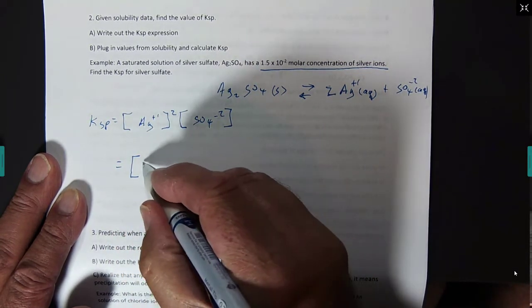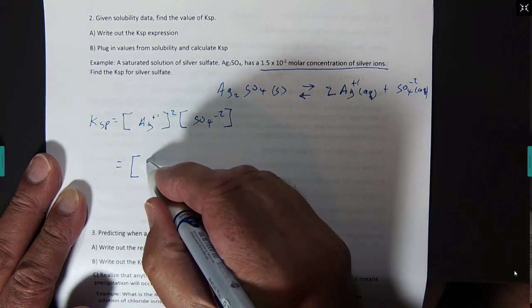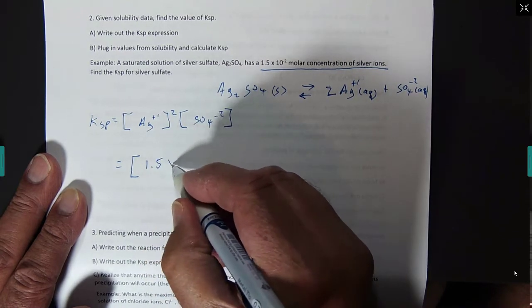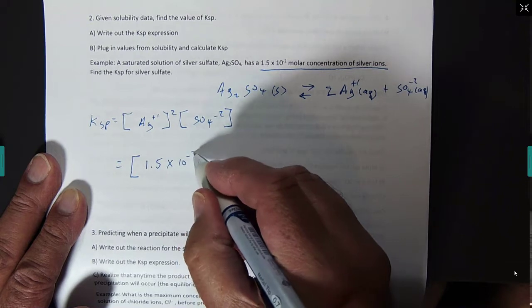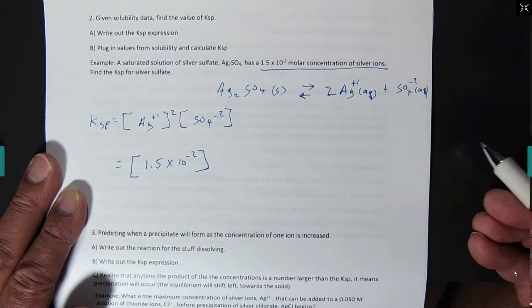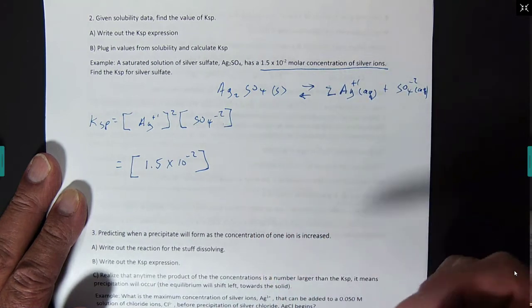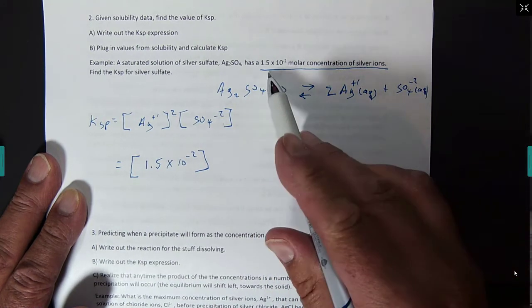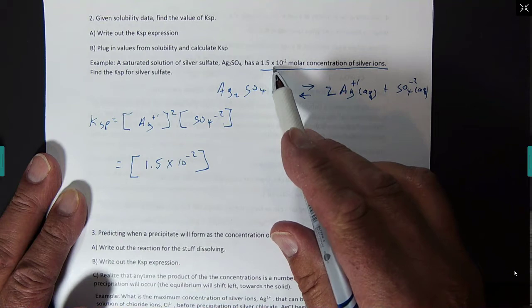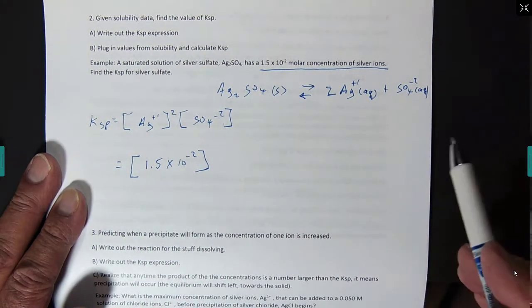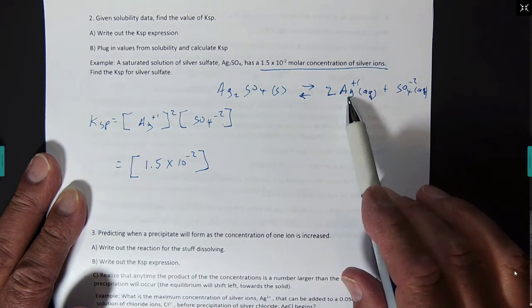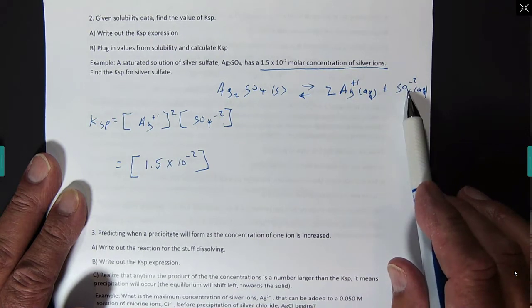So this guy here, silver, is 1.5 times 10 to the negative 2. You need a number to plug in here, and be careful. It's not this number. But guess what? If you know this value, you can find this value.